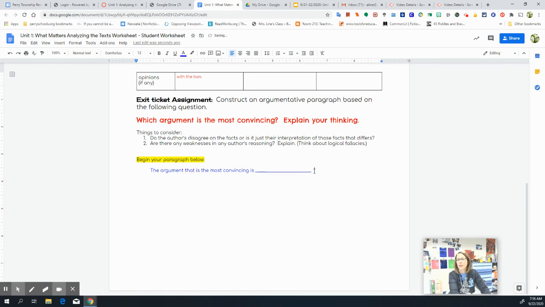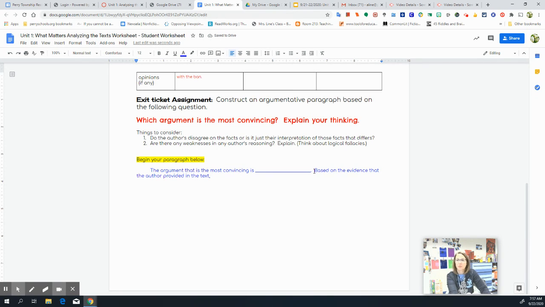And then I'm going to say, based on the evidence that the author provided in the text, and then you'll give some of that evidence.